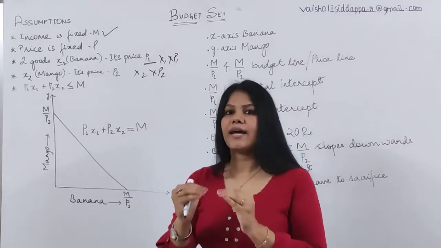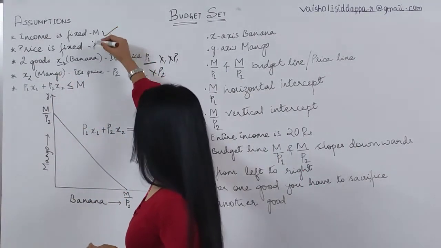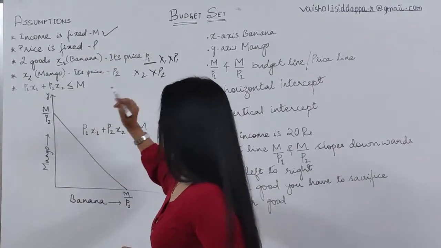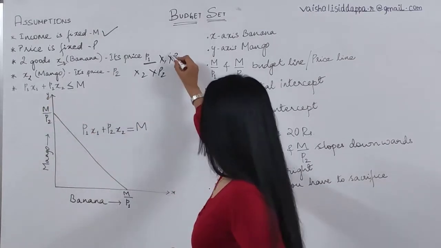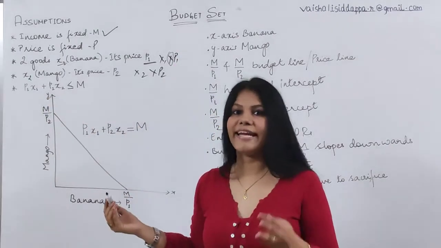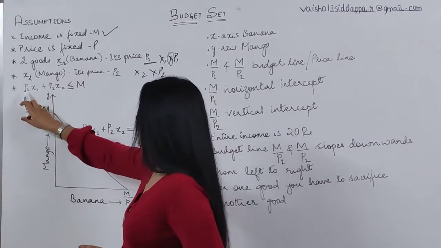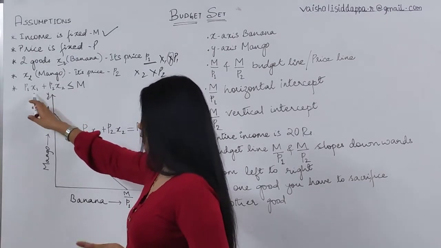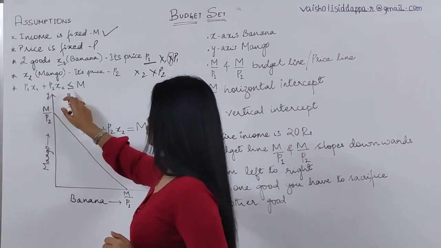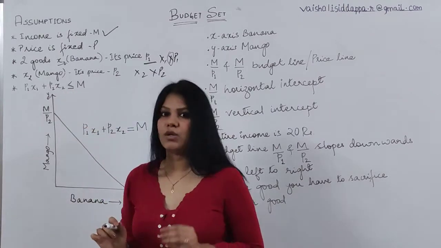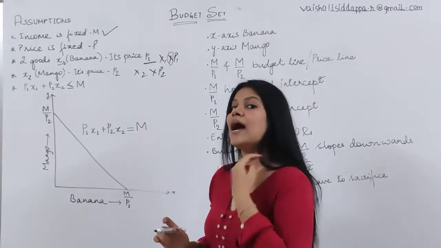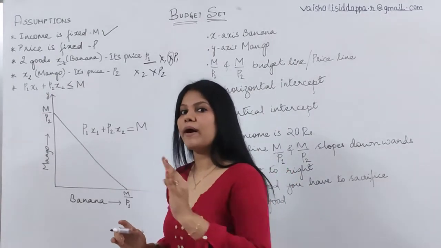Now we'll build the equation using money, price and the goods. The equation is P into X1. The multiplication symbol is not shown, but it is definitely multiplication. So P1 X1 plus P2 X2 is equal to, otherwise less than, M. That means whenever I have income, I can spend exactly my income.